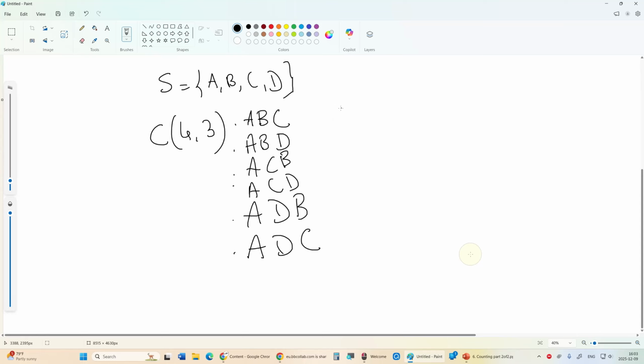Now, starting from B, I'm going to do the same exercise. From B, I have A, C, D. Oh, sorry, I see. I'm choosing 3. I forgot and added this extra letter. And BAD, that's the second one.